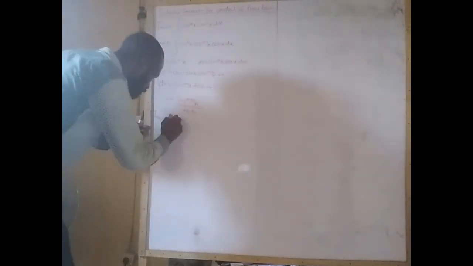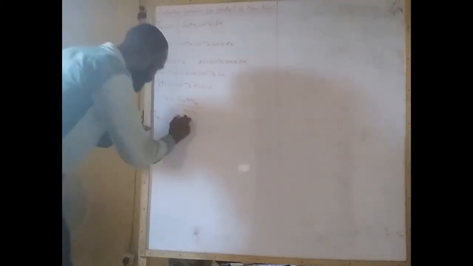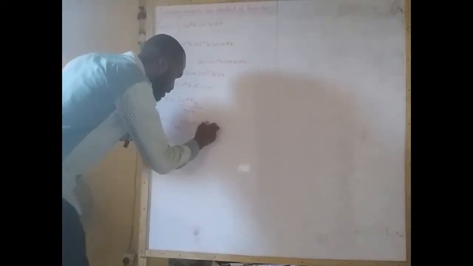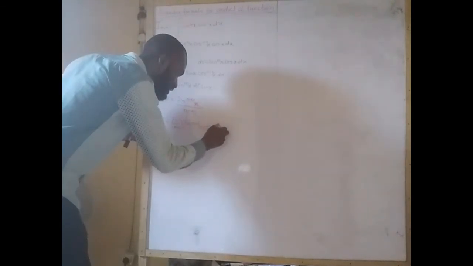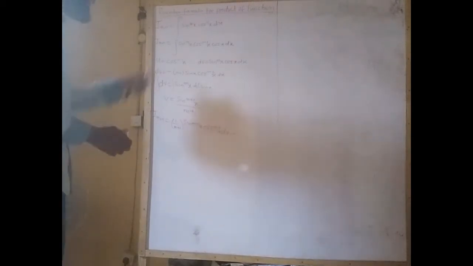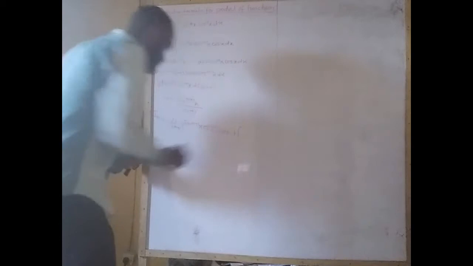My uv is going to give me 1 divided by m+1 sine^(m+1) x cos^(n-1) x. Since in my du I have negative, that negative will turn this to plus. I'm multiplying v and du.